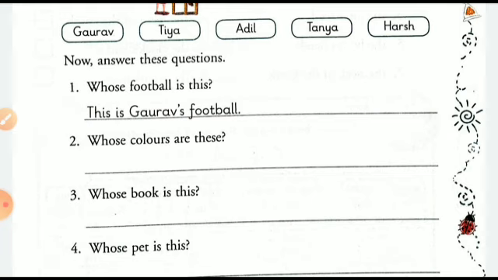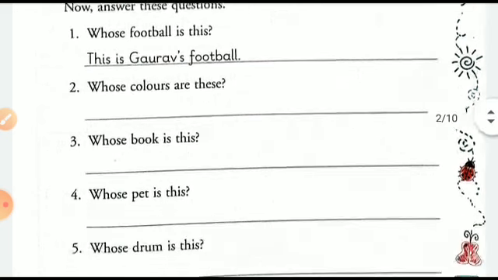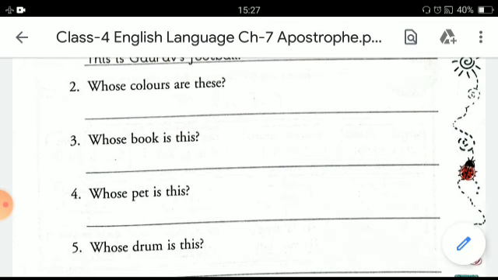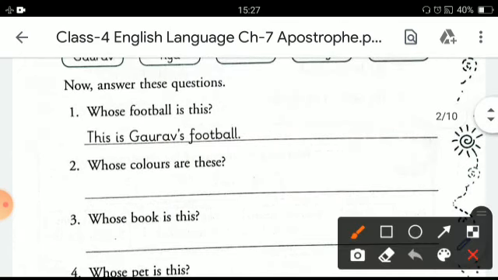Again, you can see the apostrophe sign with Gaurav that shows that the football belongs to Gaurav. In this way, you have to answer all these questions by choosing the pictures given above.